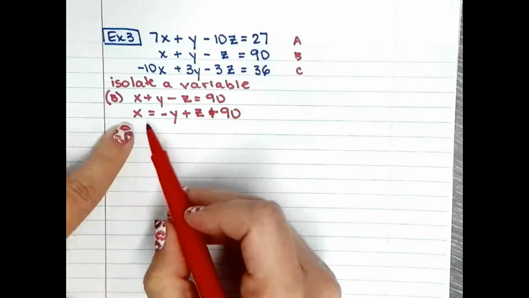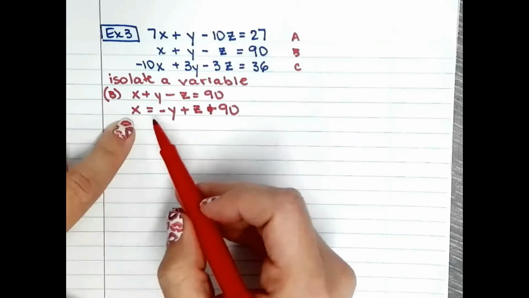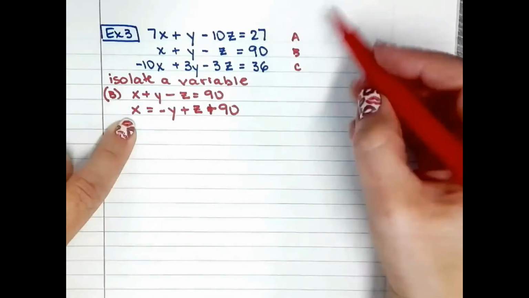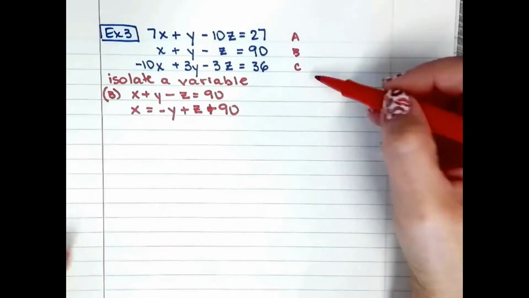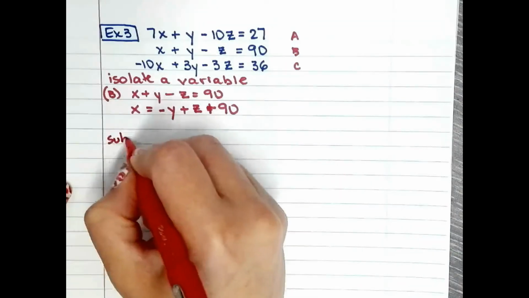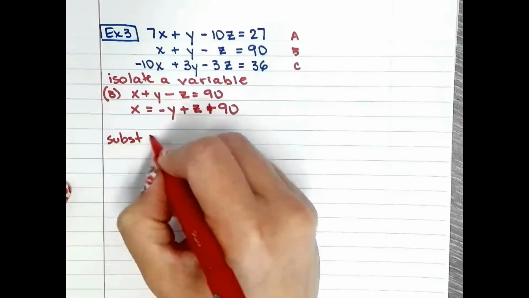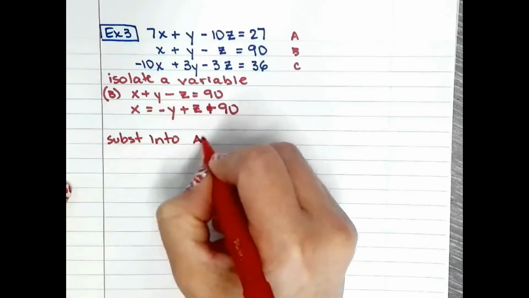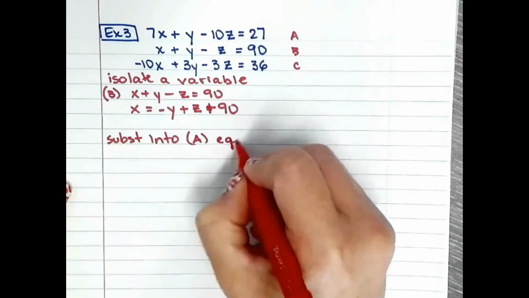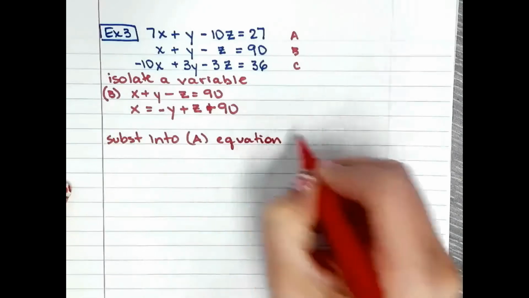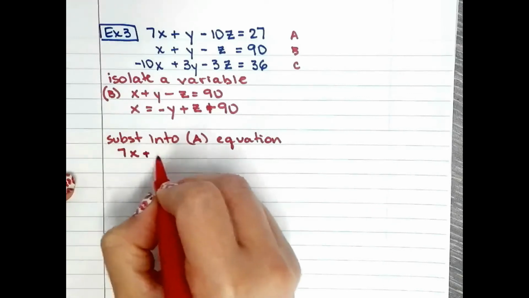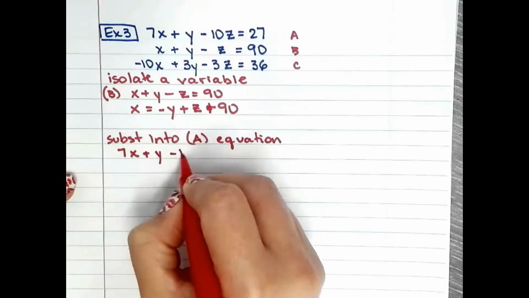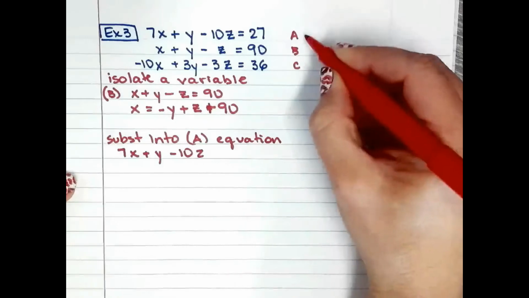Now I will do the same thing that I did from example 2. I will go ahead and substitute in both A equation and C equation. So substitute into A equation. This is A equation. Not a random equation, but this equation right there.